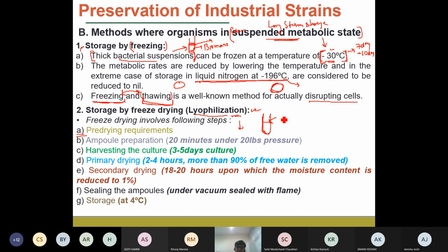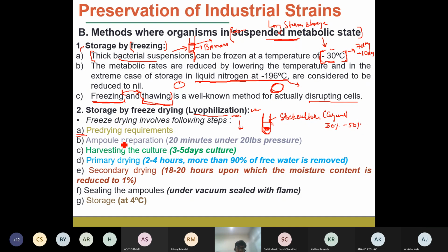For example, you have to prepare your stock culture. In the stock culture, the major fraction is highly concentrated microorganisms, and the rest we add, for example, glycerol or other mineral oils, in the range of 30% to 50%.